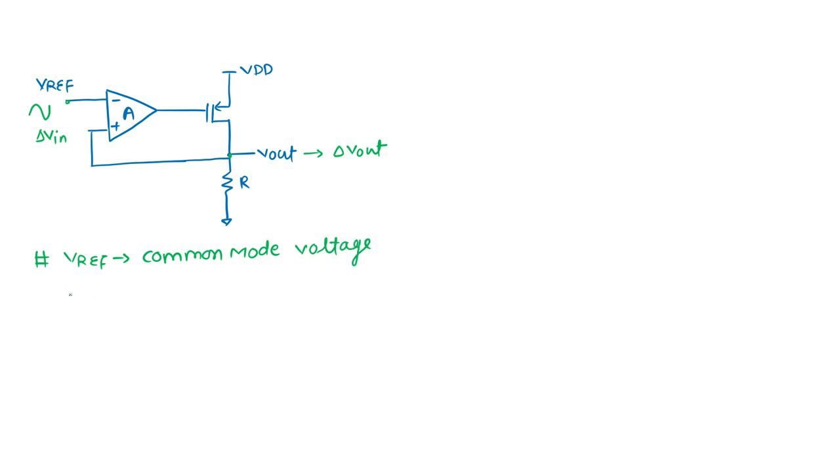It is also setting the output common mode voltage at the input. Output common mode is also equal to Vref if A is infinite. For finite gain the common mode is a little far, not much far, but a little far from the Vref, that we can see.